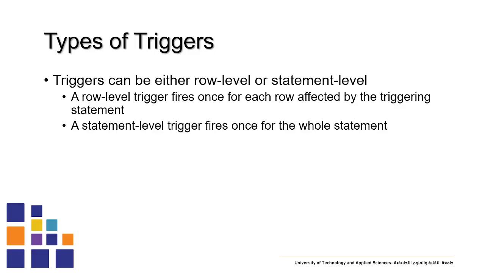Types of triggers. Before going to that, there are some points about triggers. We know already that they execute automatically, so triggers do not need to be explicitly called. They execute automatically when a specified event occurs.